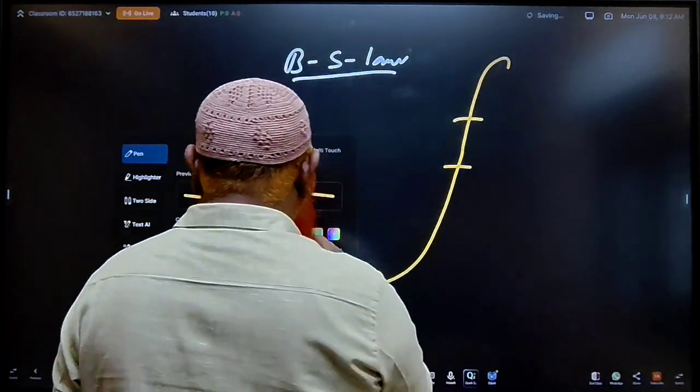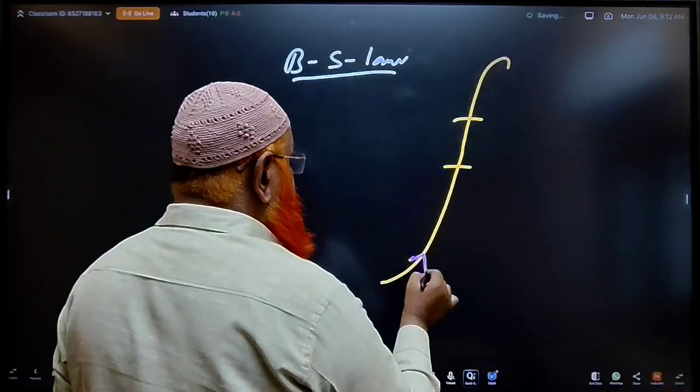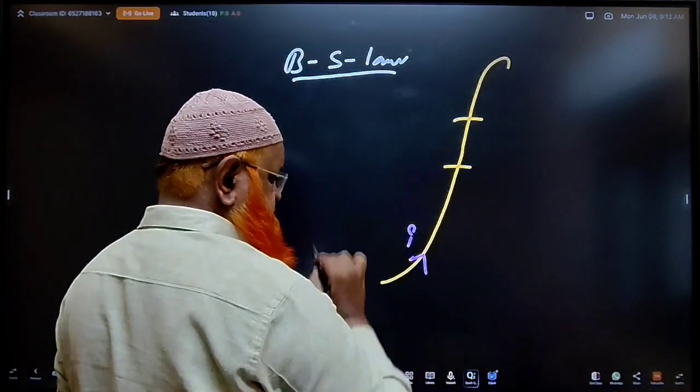See, here you might have seen that the current is passing through a wire.